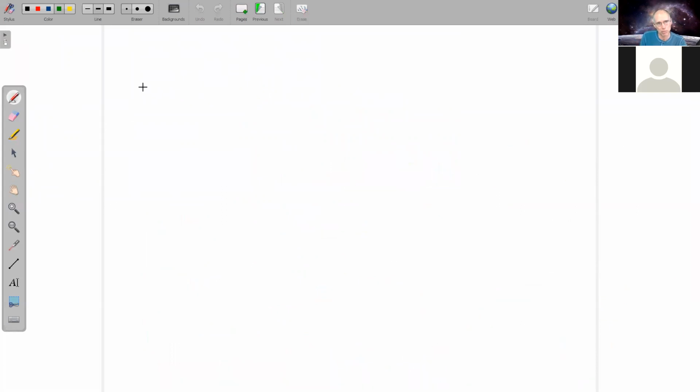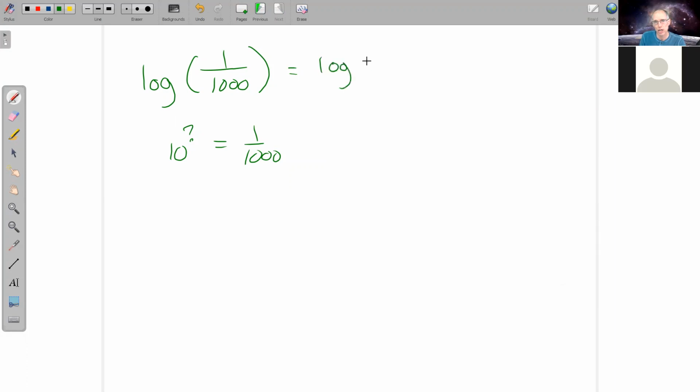On that problem, I was given, what is the log of 1 over 1,000? And remember, if there's no base written, it's base 10. So basically what this says is 10 to what power equals 1 over 1,000? Well, 1 over something means to the power -1. So I could say that this is the log of 1,000 to the power -1. Negative exponent means flip the base.